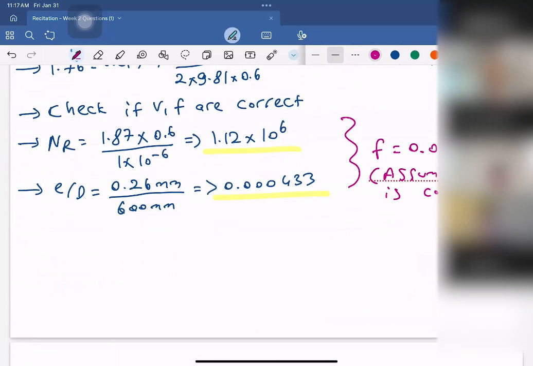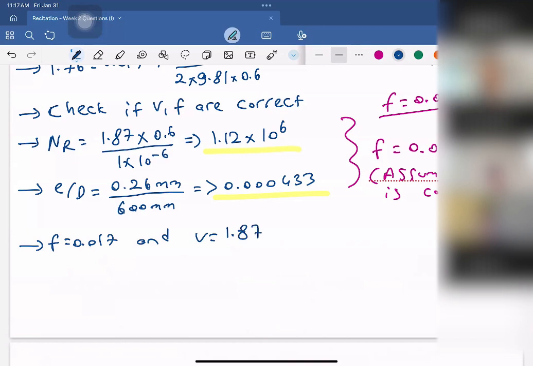And usually starting with an assumption of like 0.02 is usually good because, based on my experience, it usually comes around this value. So it is wise to start with that value. So since we found the friction factor, and the velocity was 1.87 meter per second, we can easily calculate the flow rate, which is Q is equal to velocity times area.